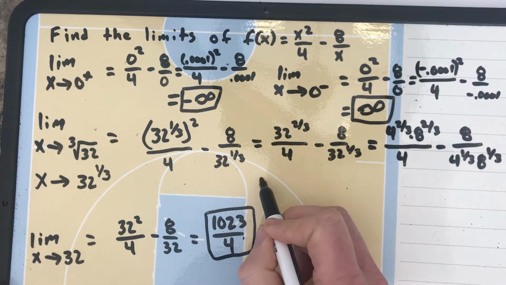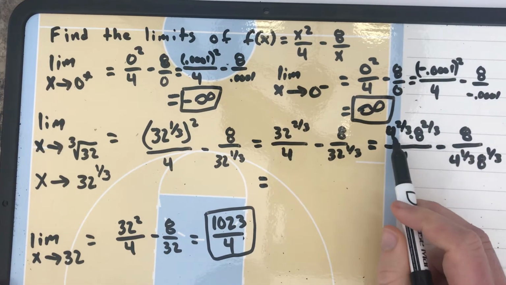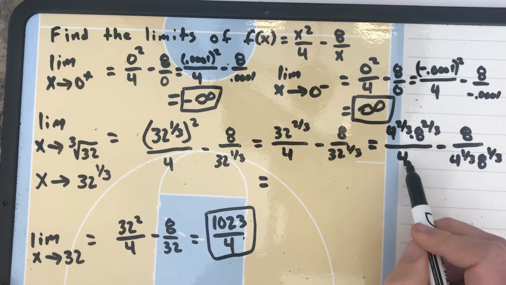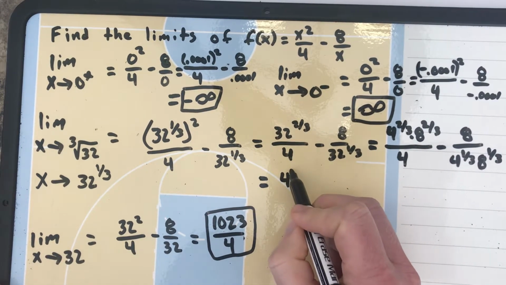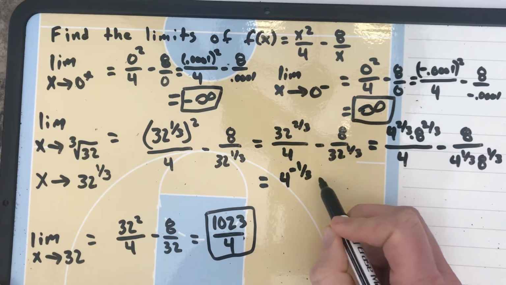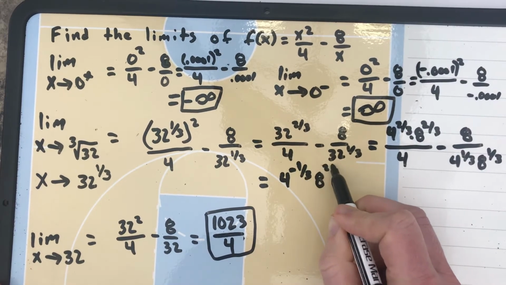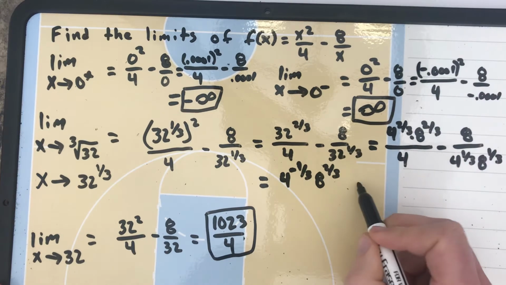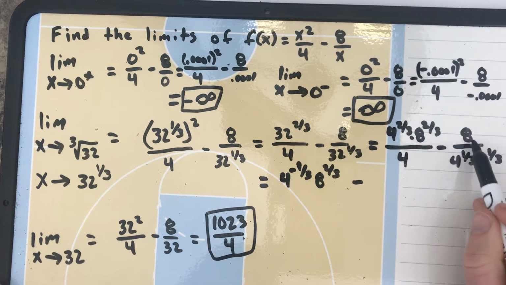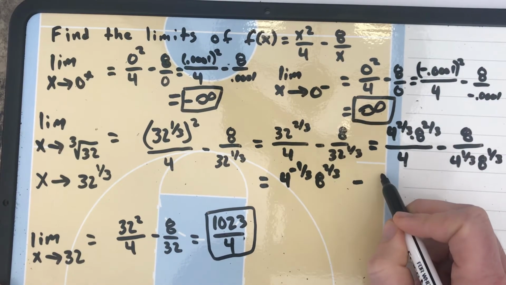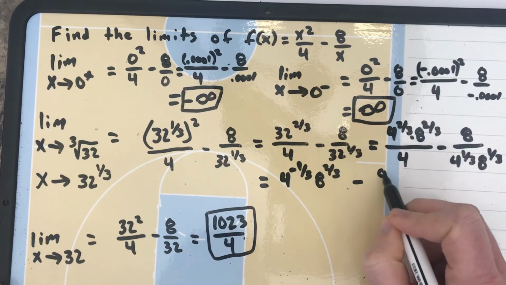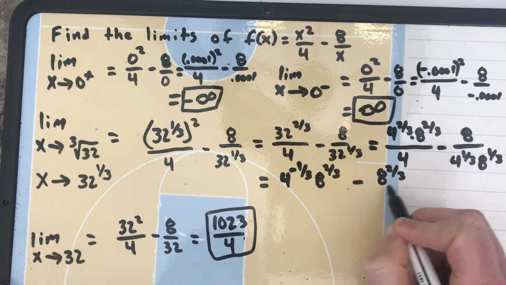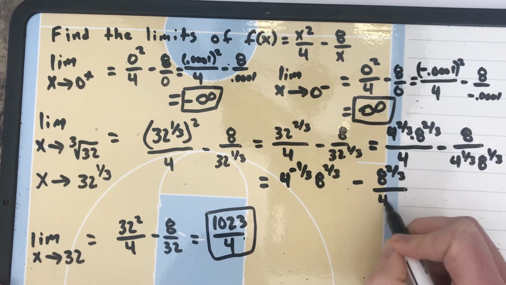Then I'm going to write that as 4 to the 2/3 divided by 4 is going to give us, using exponent properties, 4 to the negative 1/3, and then I'll have 8 to the 2/3. And that's going to be minus 8 divided by 8 to the 1/3, which gives us 8 to the 2/3 over 4 to the 1/3.